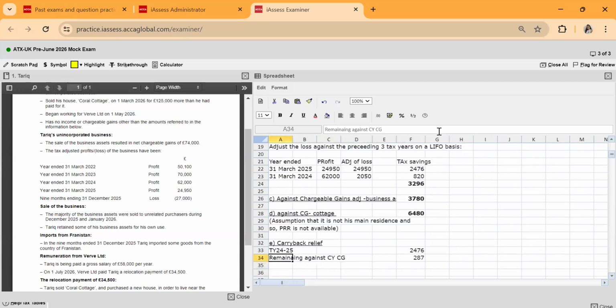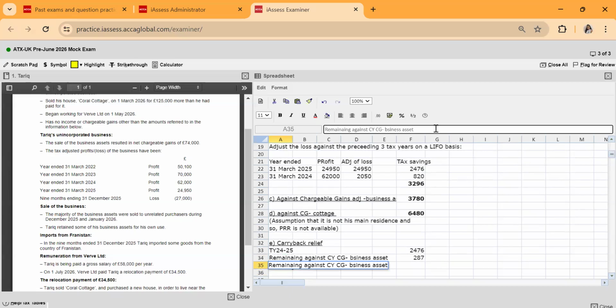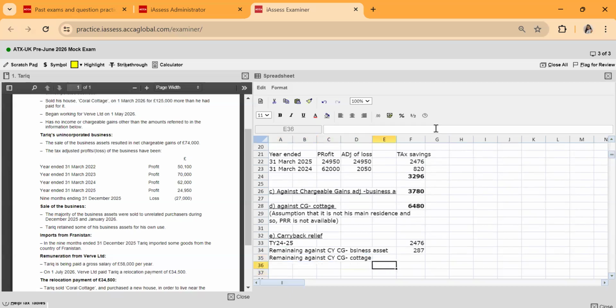Clear? So there are two options here: the business asset or main residence or cottage. So here I'll write cottage, right? So then it will be 2,050 multiplied by 24%, right?